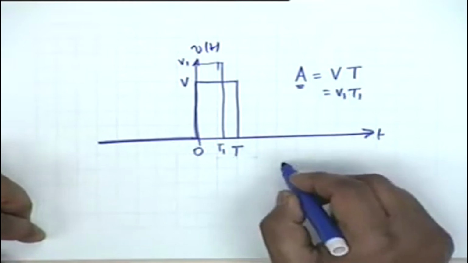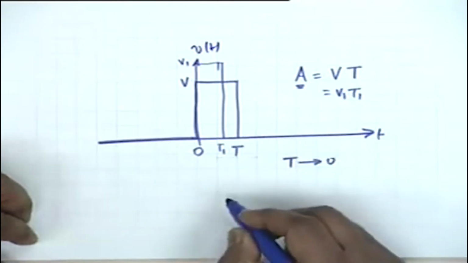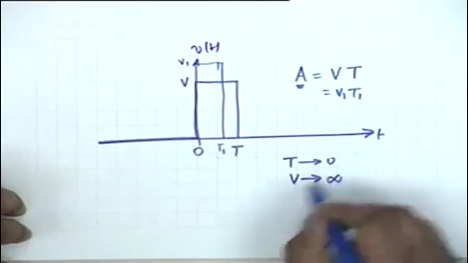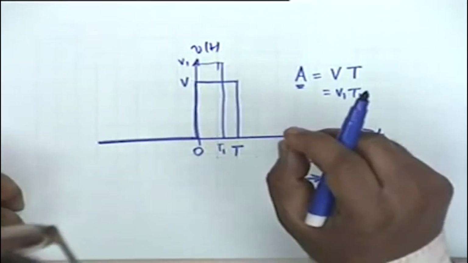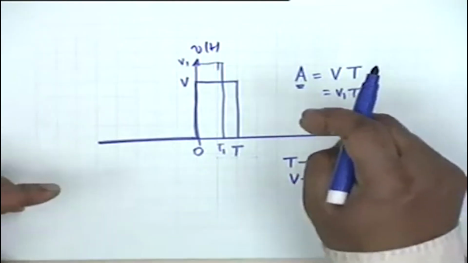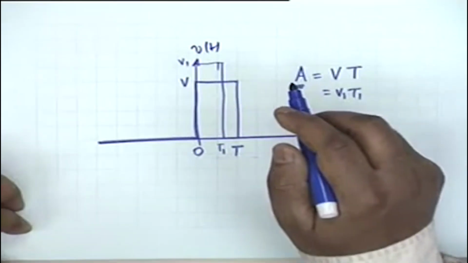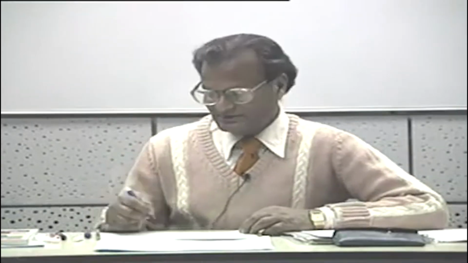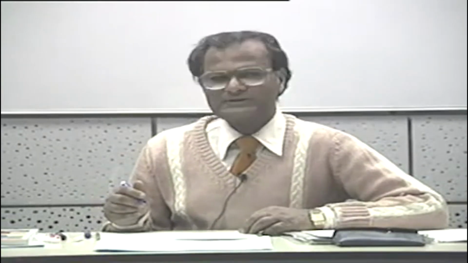What happens when capital T tends to 0? Capital V shall go to infinity. This limiting case cannot be generated in the laboratory. You cannot generate an infinite voltage, all right. You cannot generate a voltage which stays only for 0 amount of time, capital T tends to 0, but nevertheless it is a physical concept which is extremely useful in the analysis of signals and systems.